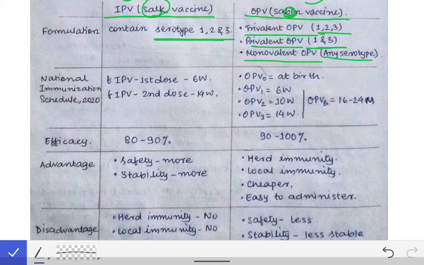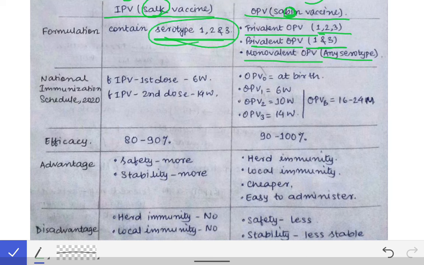So currently monovalent OPV containing the one serotype is being used because 2 and 3 have been eradicated, but the IPV contains all the three serotypes.